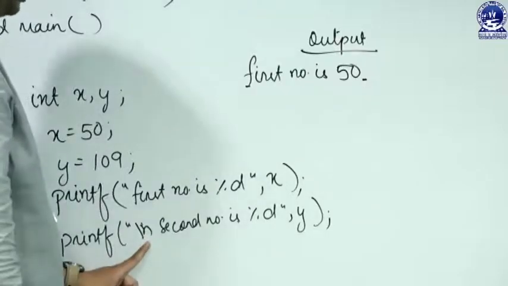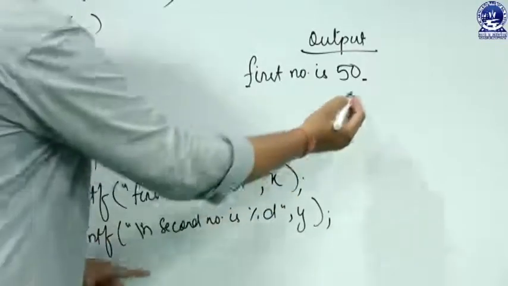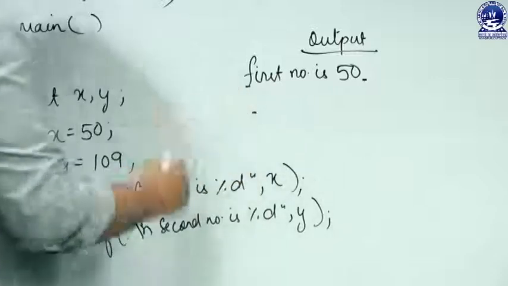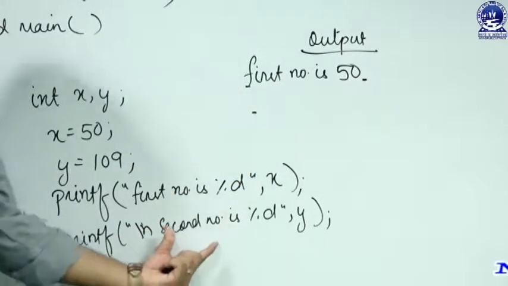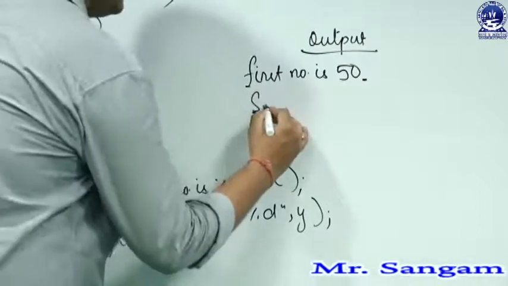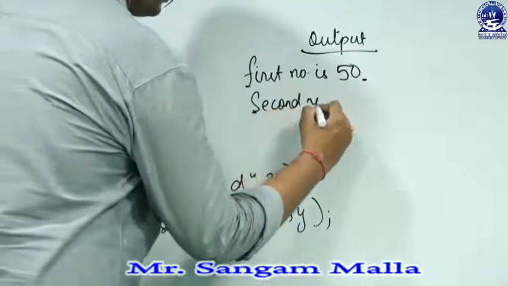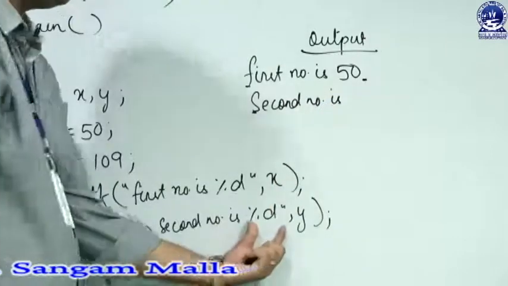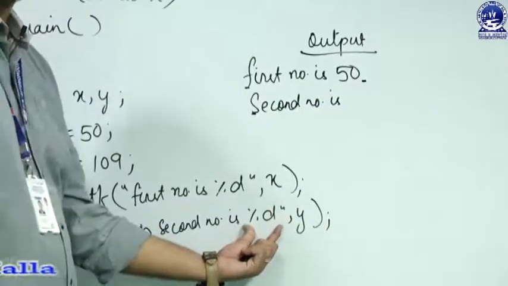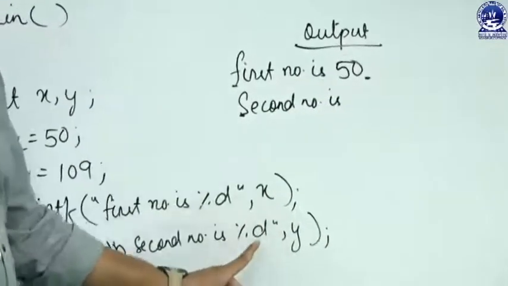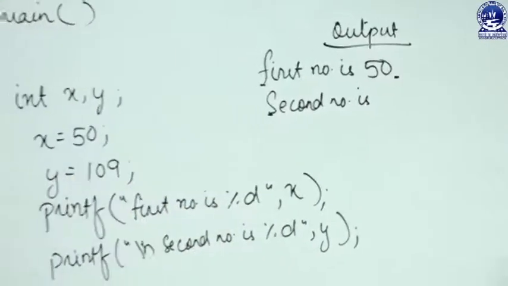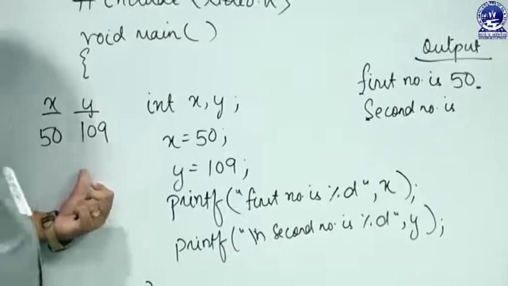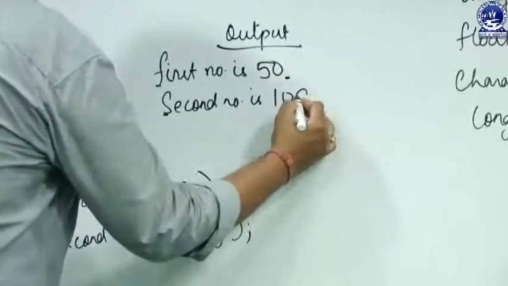Now, when it encounters \n, the escape sequence, the cursor will move to this point and print the control string, the message "second number is". Again it will encounter a format specifier, %d, so in place of %d it will print the value of y. What is the value of y over here? It is 109. So, it will print 109.